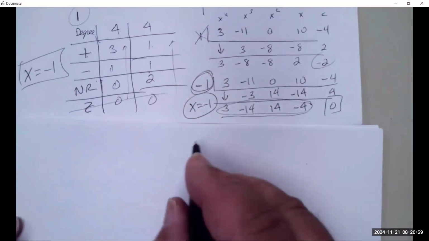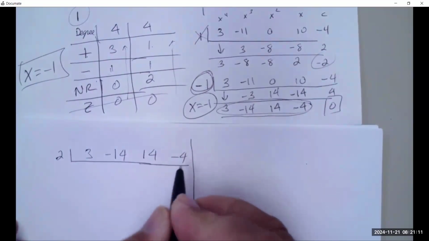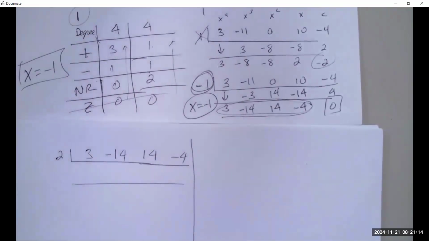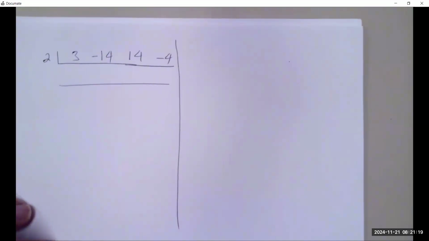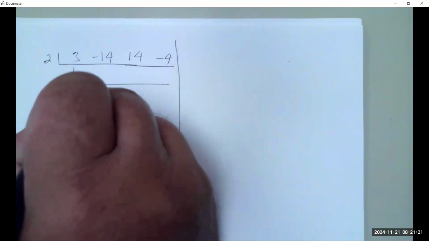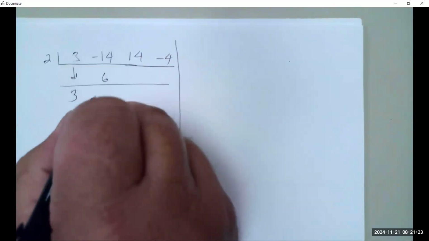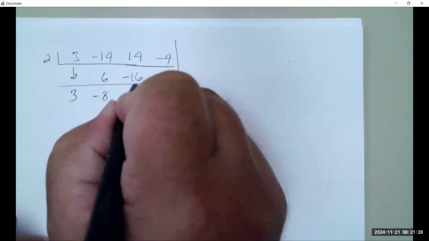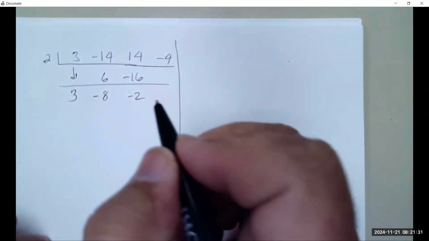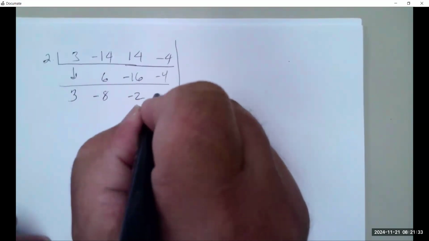So we'll try 2, with 3, -14, 14, -4. Going down the first term, 2 times 3 is 6, minus 14 is -8. 2 times -8 is -16, which makes it -2. -2 times 2 is -4.